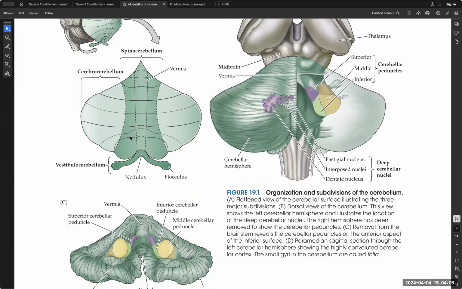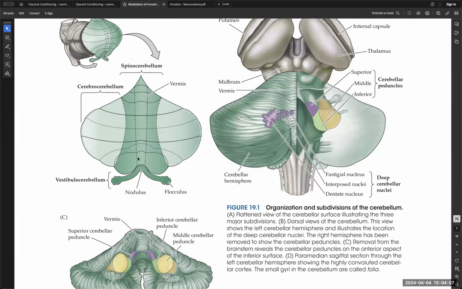So basically, the cerebellum is one of these. No, molecular and Purkinje and granular are the layers of the cerebellar cortex. I'm talking about the subsections of the cerebellar cortex. As you can see, we call them the cerebrocerebellum, the spinocerebellum, and the vestibulocerebellum.